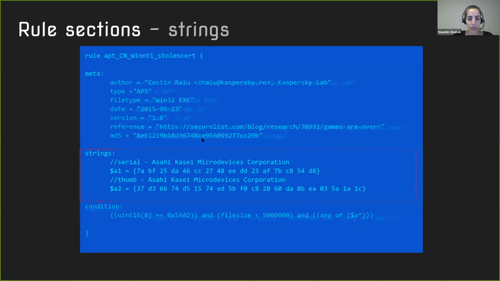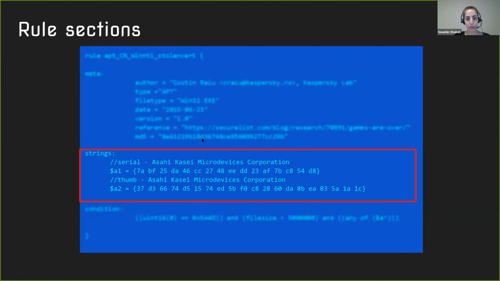Today, let's talk about the strings. If you remember, yesterday I mentioned that it's good to put comments in the YARA rule, like when you are programming and you write code, and put some comments to make it more clear. Here in this YARA rule, you can see our strings, the A1 and A2 strings, and these are hexadecimal values. With hexadecimal values, we need to put them in curly brackets. And with ASCII strings, we need double quotation marks.